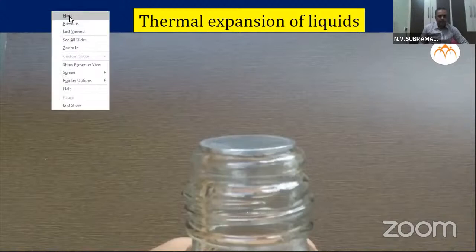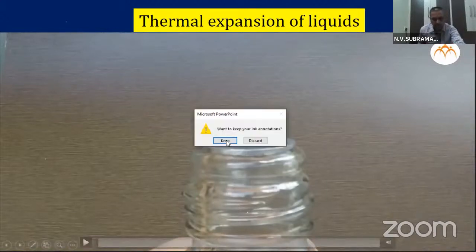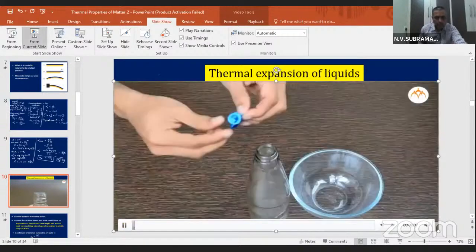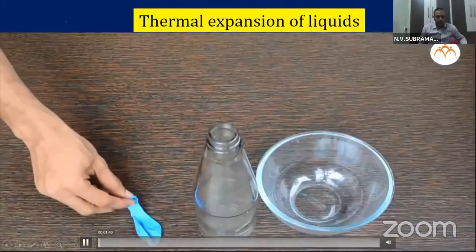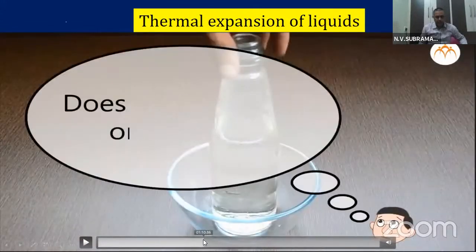To disable the pointer. Just a minute. So video is playing. Please see carefully. I will play the video from the required files.